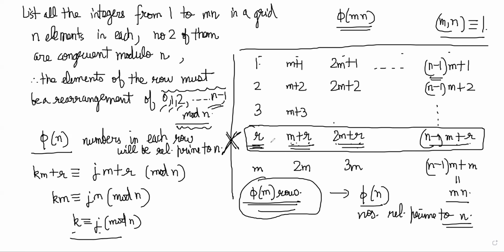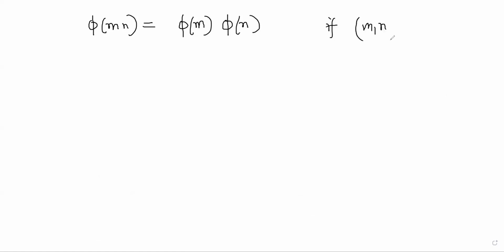In each row you'll count this many. So the total number of numbers will become phi m times phi n. Therefore we are establishing our main identity, the multiplicative nature of this function, which gives us this result if m and n are co-prime to each other.